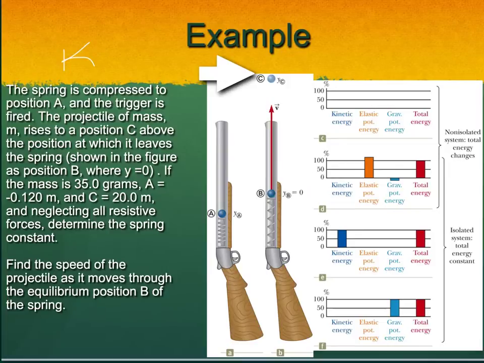Okay, so let's talk about where we would start on this problem. Again, we know that this is an isolated system, and remember that in an isolated system the change in mechanical energy is simply equal to 0. Well, the change in mechanical energy is equal to the sum of all of the potential energies and the kinetic energies, and that's what's equal to 0.